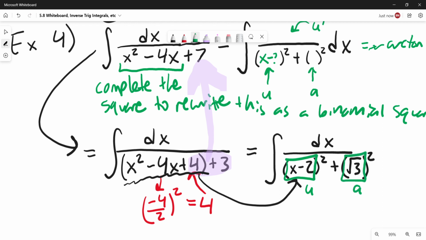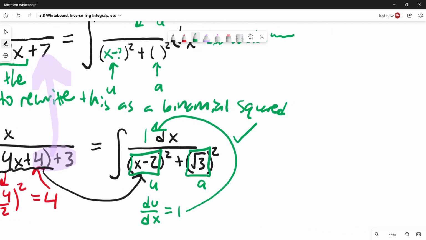Do we need something up top? What is our du/dx? It's just 1. So we're good to go. This is already a 1. Okay, so now we can write the answer. This is an arctan problem. Arctan starts with 1 over a.